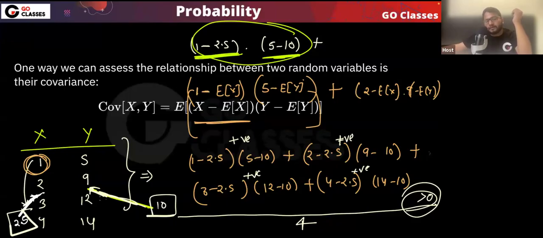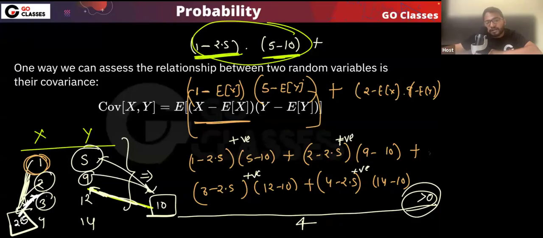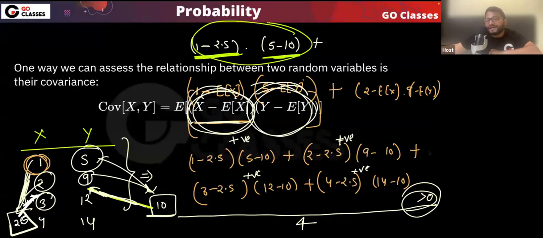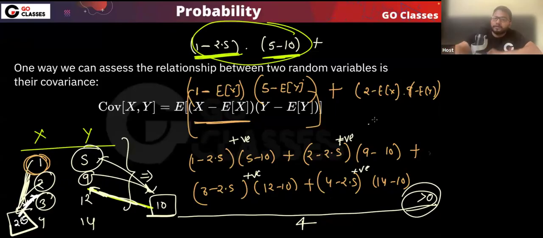If some number is lower than my own average, at the same time the corresponding number is lower than its average, right? Similarly, if it is greater than the average, then the other is also greater than the average. So if this quantity is positive, then this is also positive. If this is negative, then this is negative. In that case, the covariance will always be positive because all the quantities are positive.